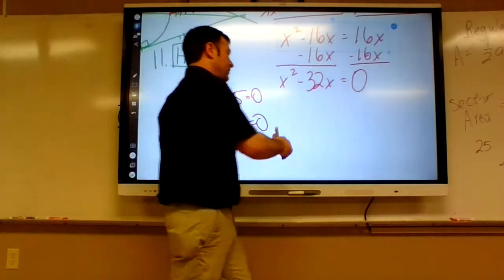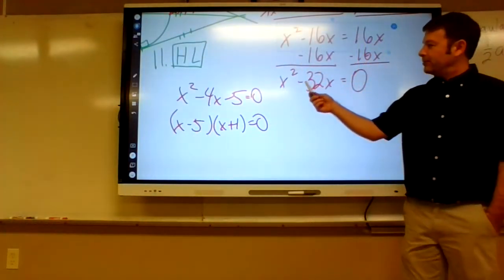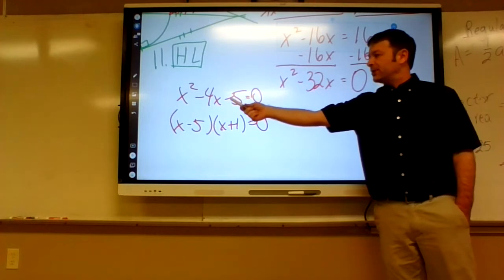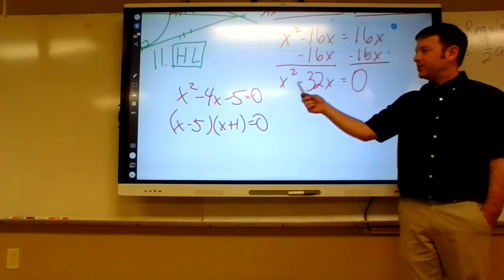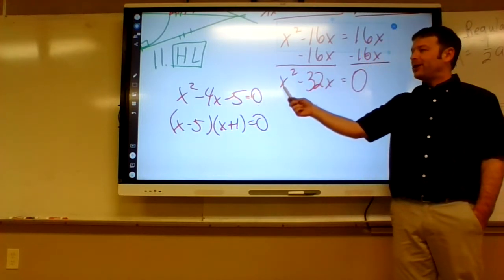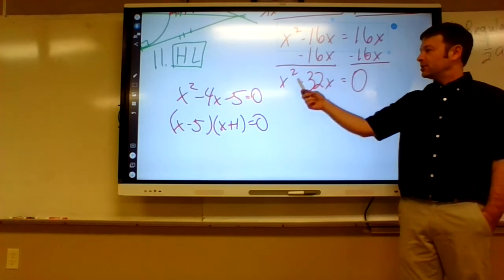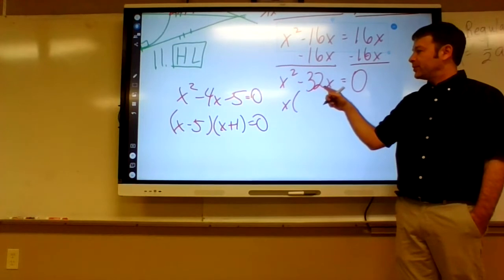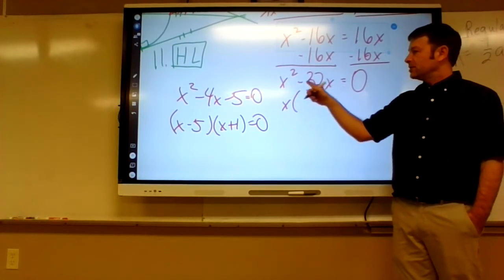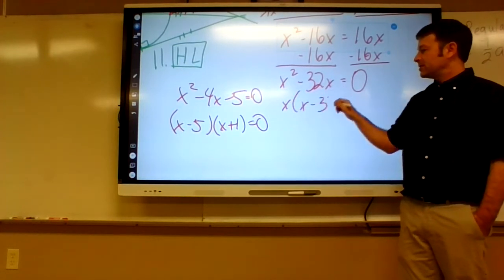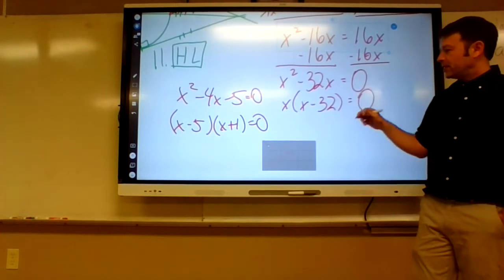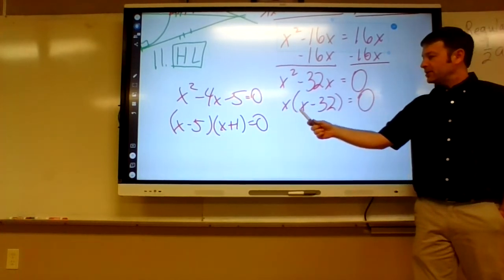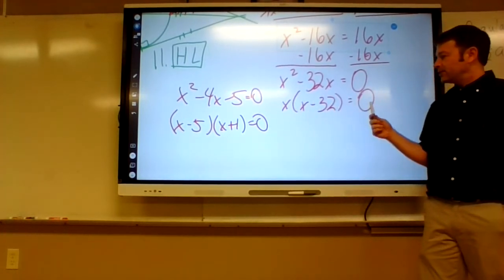This is kind of the same, it's pretty close. That was 3-term factoring. This is not 3-term factoring, but we can take something out of both of these. What goes into both? An x. And what's left if I divide an x out of both of these? x and negative 32. x minus 32. Okay, what x value could make this factor into a 0, and that would give us an answer?